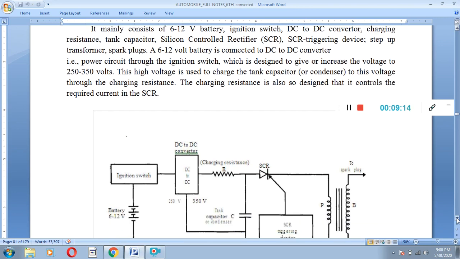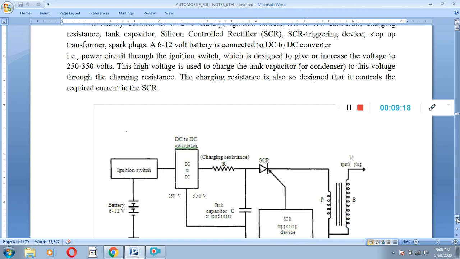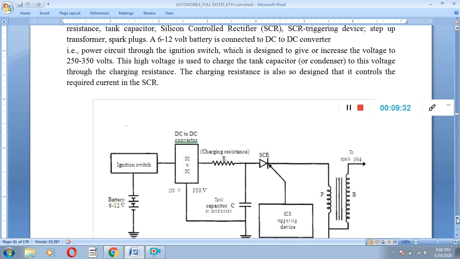The 6 to 12 volt battery is connected through the ignition switch to the AC to DC converter power circuit, which is designed to increase the voltage to 250 to 350 volts. This high voltage is used to charge the tank capacitor or condenser.